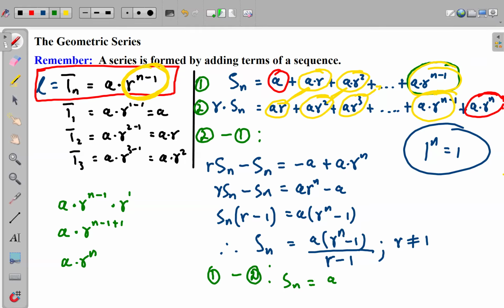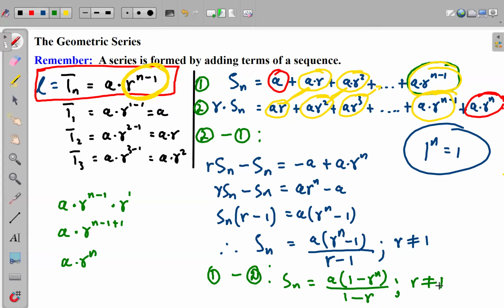A into, then you will have 1 minus R to the n over 1 minus R. This is also acceptable. So fortunately in the exam, you get both formulas, right? So you can just choose which one you want to use, it doesn't matter. They both point to the same thing.